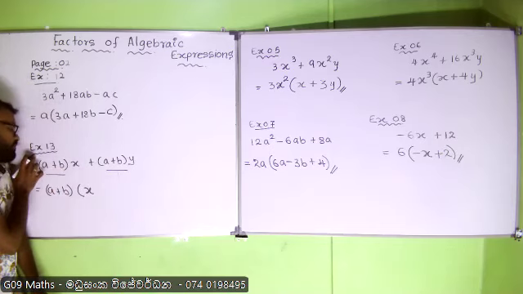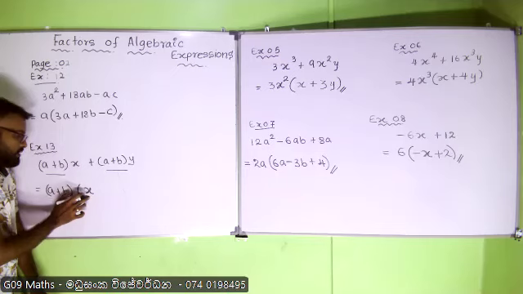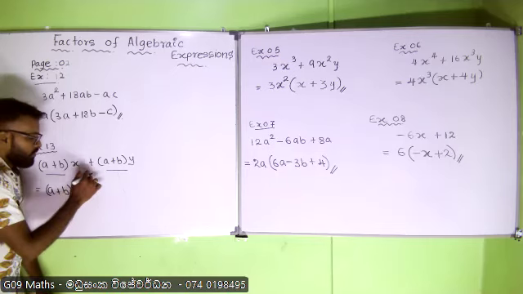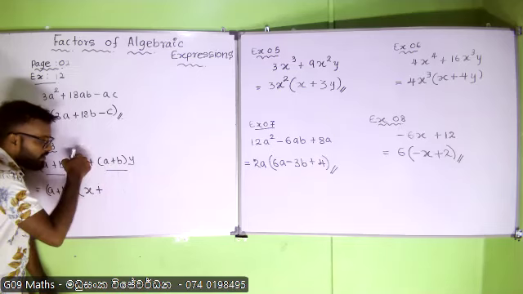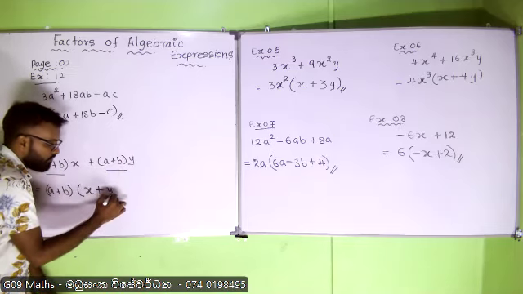If you take A plus B out, term x is here. Here you have a positive sign. If you take A plus B out, the remaining term is y.